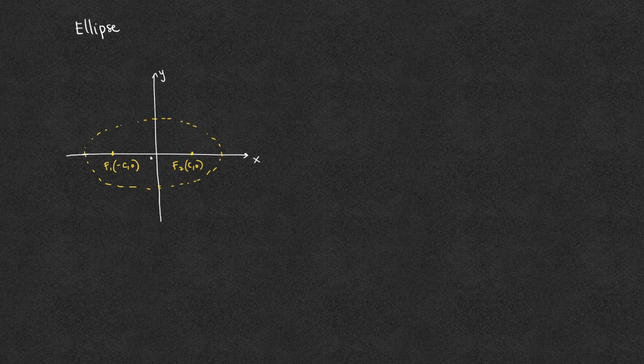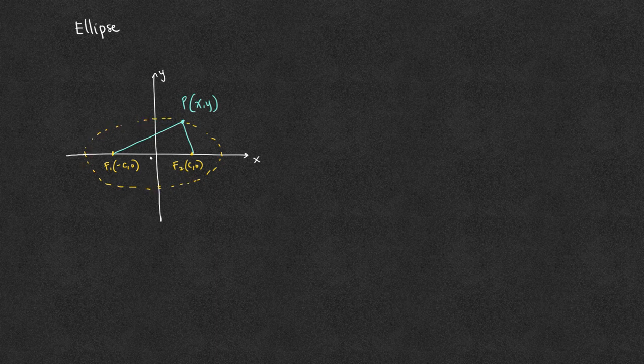Thus, if the point P has the coordinates x, y, then the sum of the distance from P to f1 plus P to f2 has to be constant for any other arbitrary point on this ellipse.